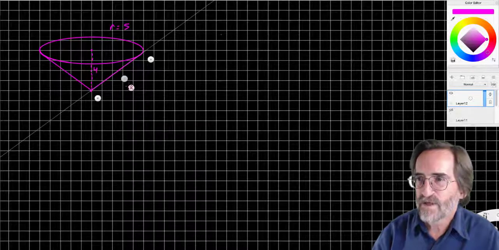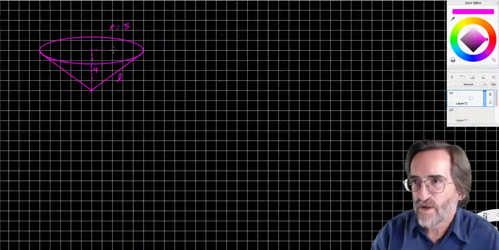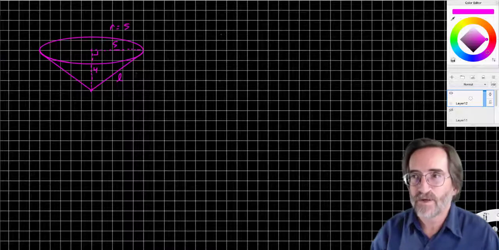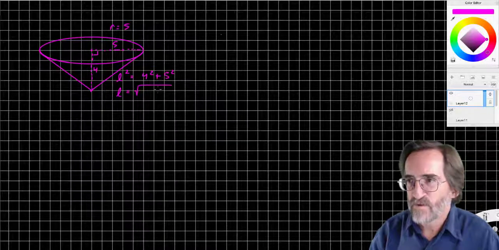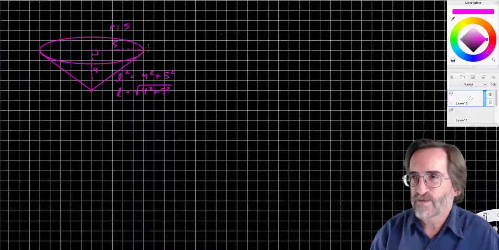Now once again, we don't know what the slant height is, but I know the radius is 5 and the height is 4, and there once again is a right triangle. So L squared is 4 squared plus 5 squared. So L, the slant height, is square root of 4 squared plus 5 squared. I'm just going to leave that like that here for the sake of time.